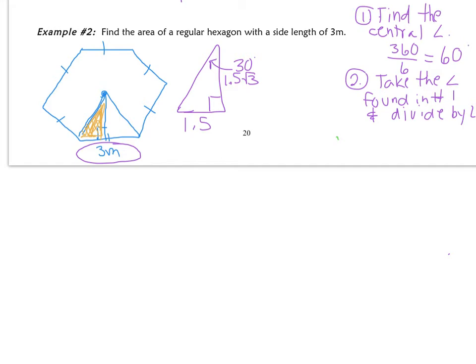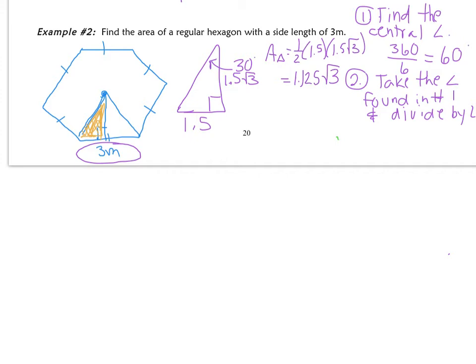That gives me the information that I need to find the area of this little right triangle. So it's 1/2 the base, which is 1.5, times the height, which is 1.5 root 3. This gives me a value of 1.125 square roots of 3.